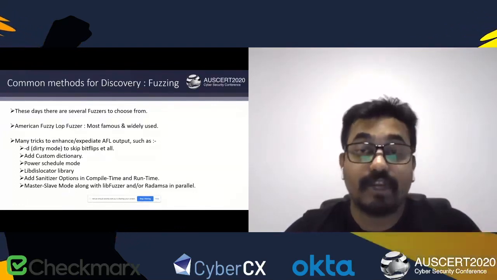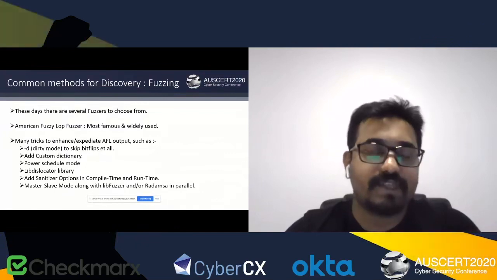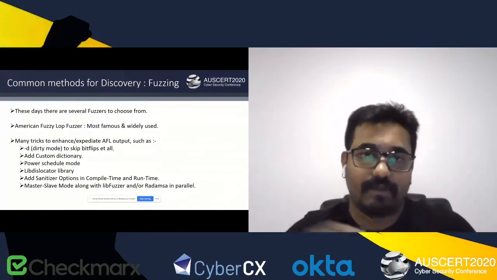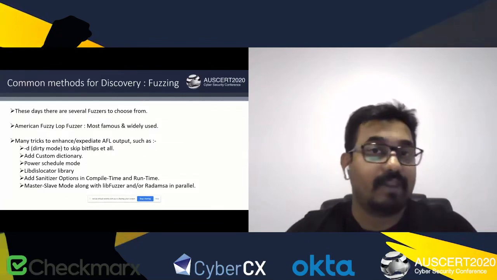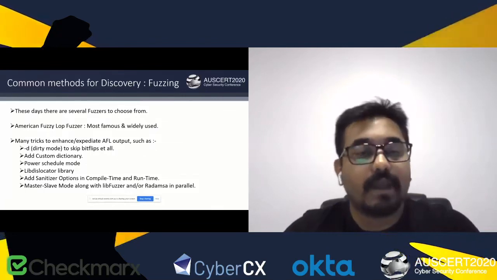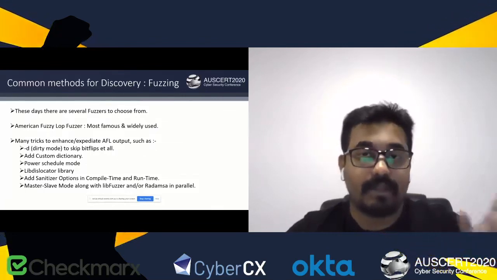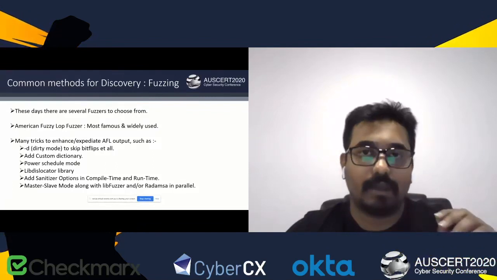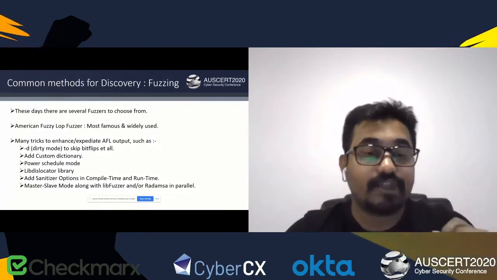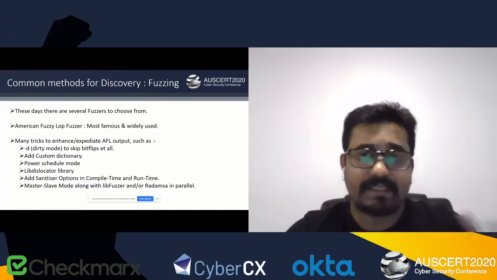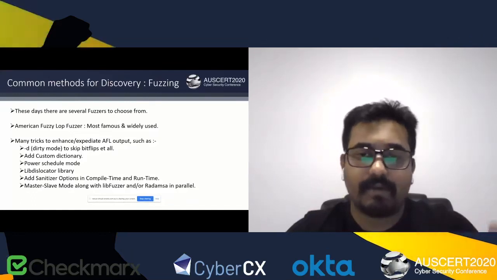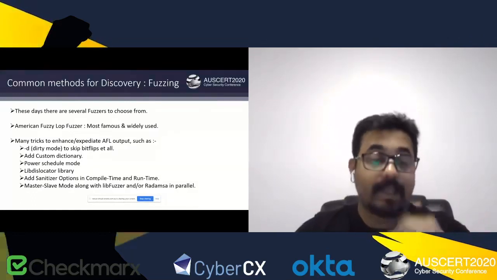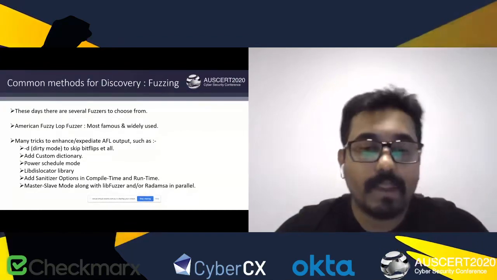You can use power schedule mode for efficiency because of the CPU usage. If you're running multi-core, then that will help you for power scheduling. The libdislocator library is for putting pages between the memory for that application. Sanitizers, like I mentioned before, compile time and runtime. And the one good thing that I use is the master slave mode.